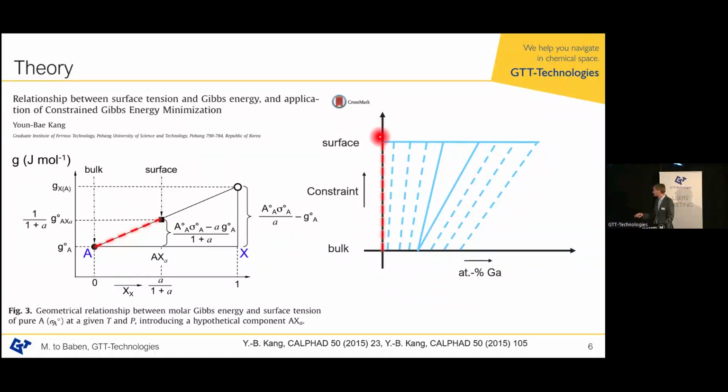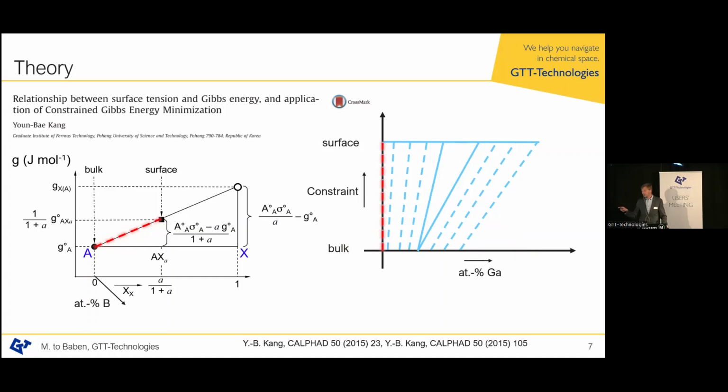We have a tie line between the bulk magnesium and the surface of the magnesium. Okay, now we have another composition axis here, right? The atomic percent of gallium on the x-axis, and that means that we have to add another axis into the left-hand side diagram, our Gibbs energy versus composition diagram, which is then the atomic percent of B, let's say.